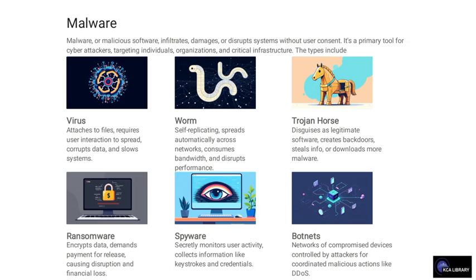The types include virus, which is attached to a file and requires user interaction to spread, corrupt data, and slow systems. Another is the worm, which is self-replicating, spreads automatically across networks, consumes bandwidth, and disrupts performance.